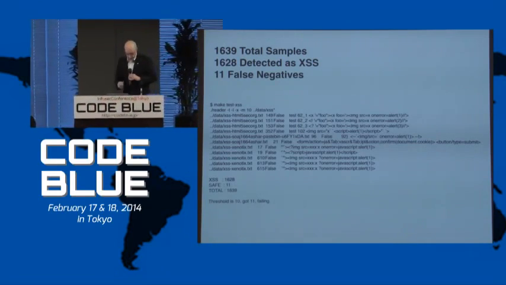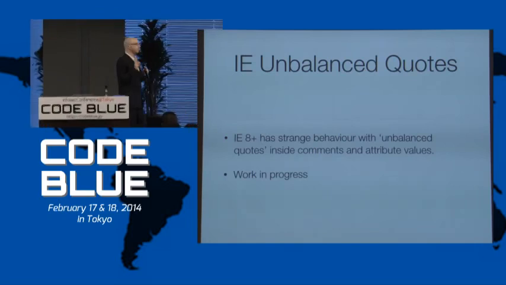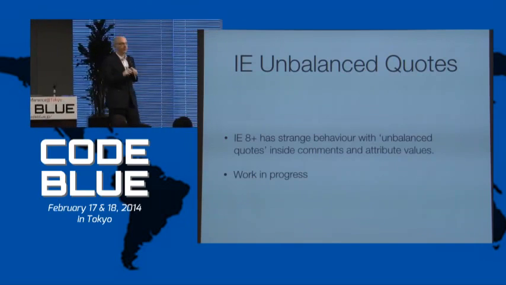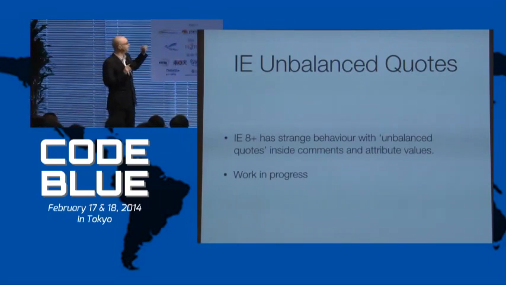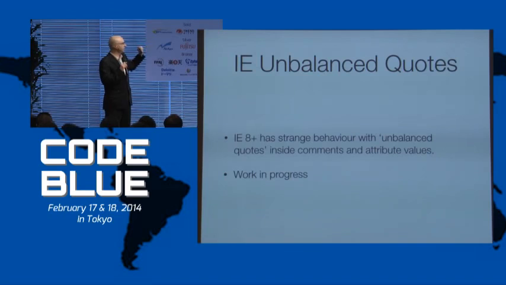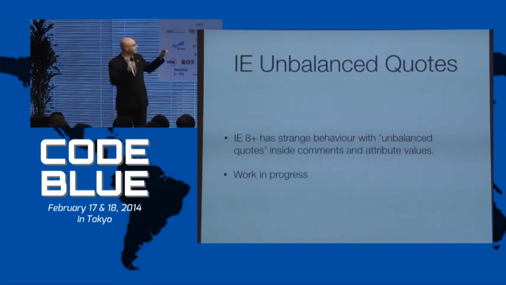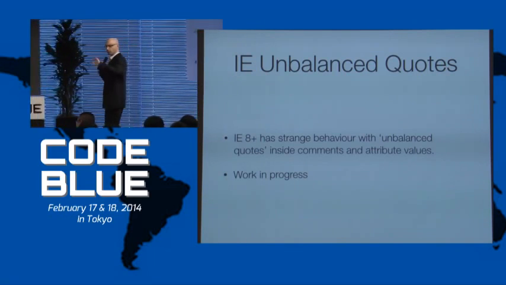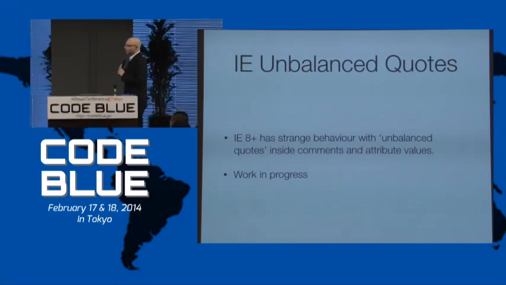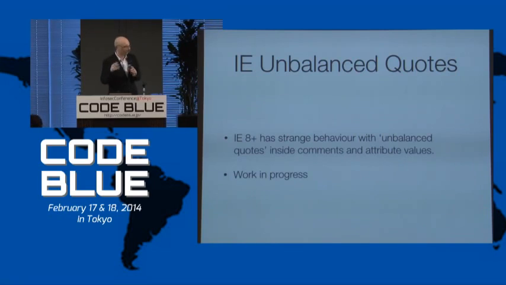I'm very pleased to say that these are only for one particular problem, which I am researching now on how to fix: unbalanced quotes, hard to say in Japanese. My friend couldn't quite figure it out. These are incorrectly formed HTML attributes, where they have different quote characters inside each other. IE processes them very differently, and I'm working on fixing that.